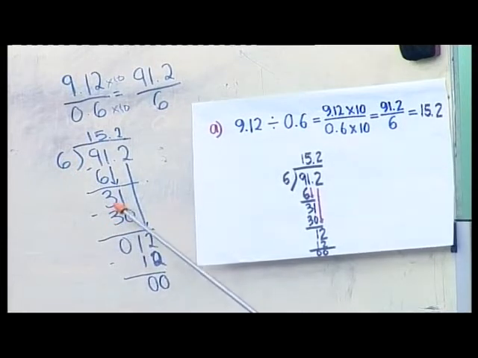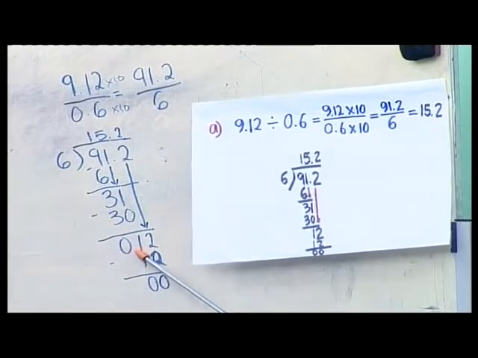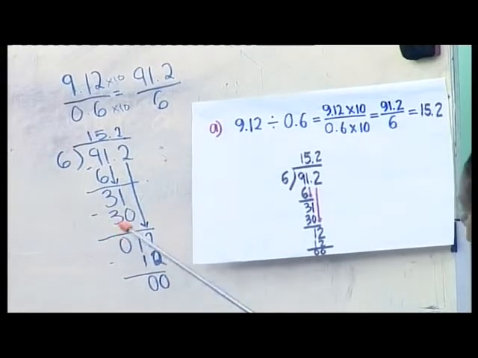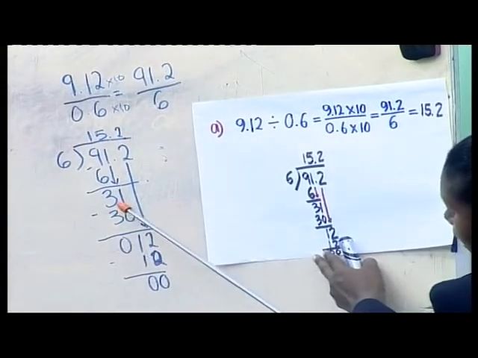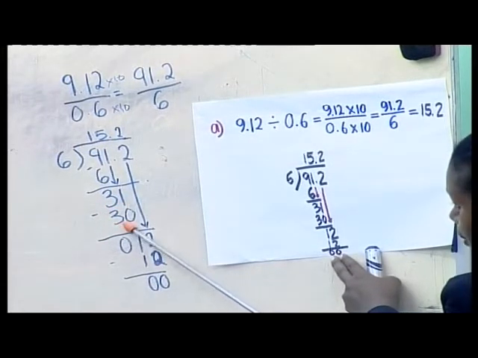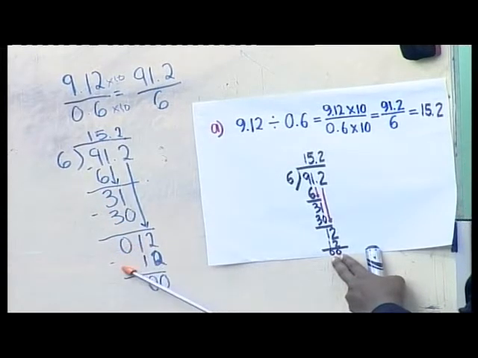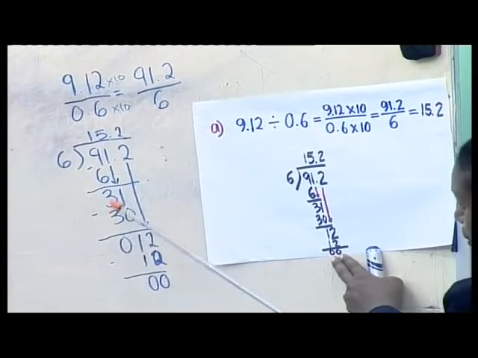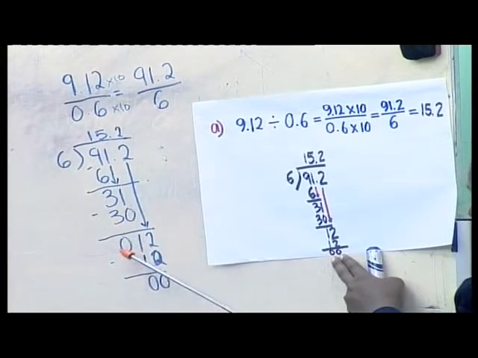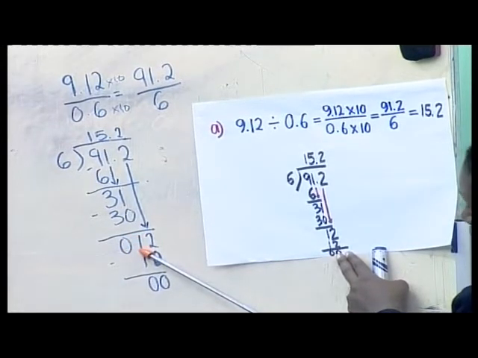You now subtract 31 minus 30 is equal to 1. So you can see Lorraine has subtracted in column. 1 minus 0 is 1. 3 minus 3 is 0. That's why she has the 0 there. You understand? So we have 31 minus 30 is equal to 1 or 0, 1. It's still equal to 1.